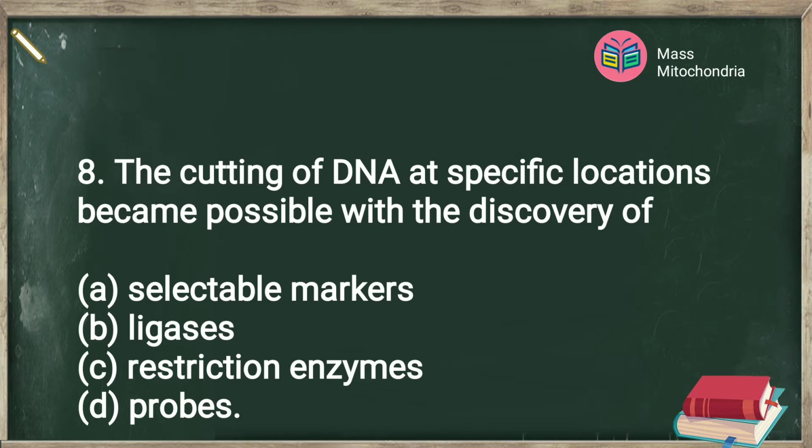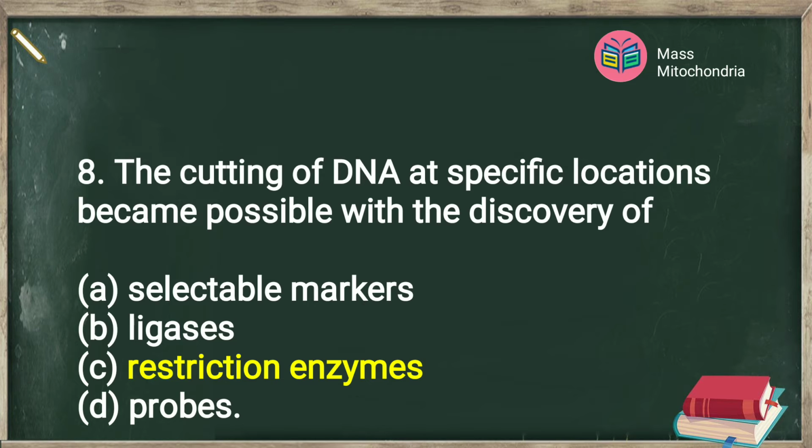Question number 8. The cutting of DNA at specific locations became possible with the discovery of, the right answer is restriction enzymes. These restriction endonuclease enzymes inspect the length of a DNA sequence.